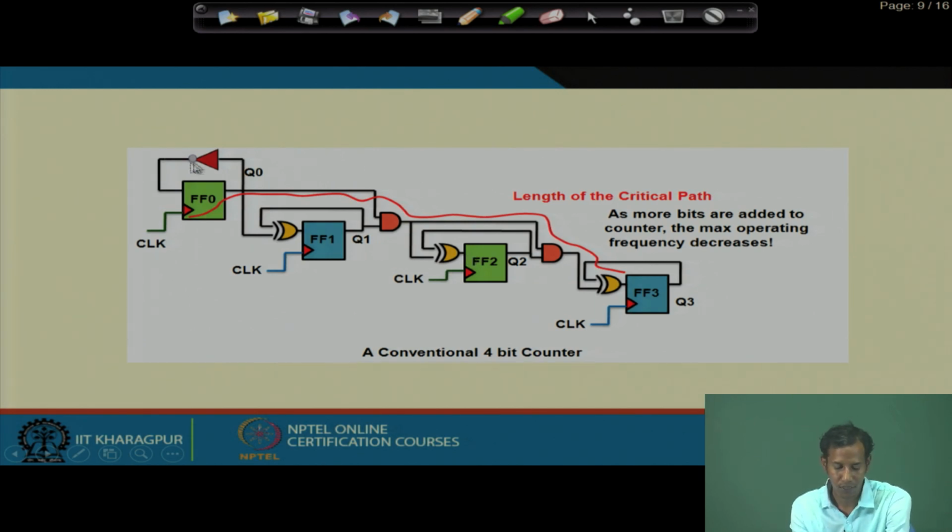The very first works as a T flip flop, then depending on this, whenever this particular signal becomes 1, it will act as an inverter, and then again if this is 1, it will again act as an inverter.